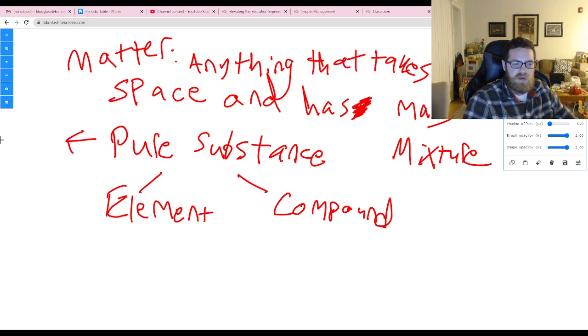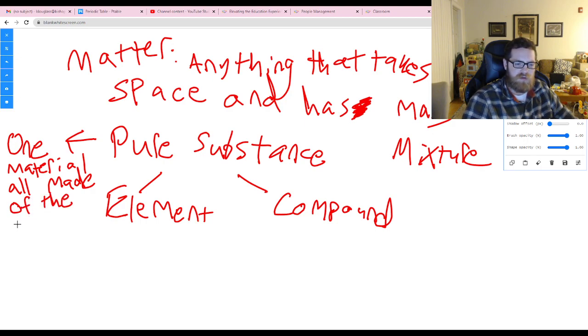That is going to be one material, only one material, all made of the same thing, basically. Same thing on a molecular level.